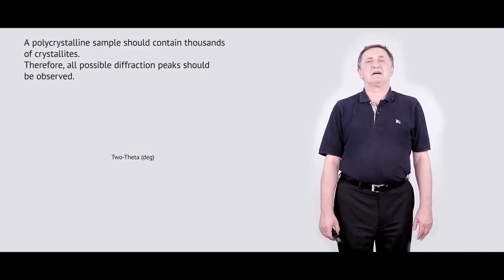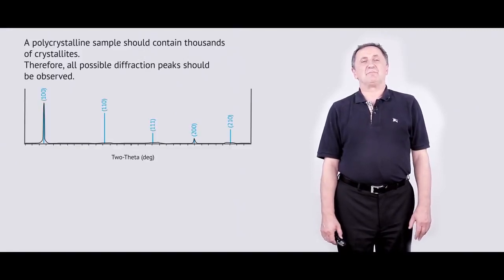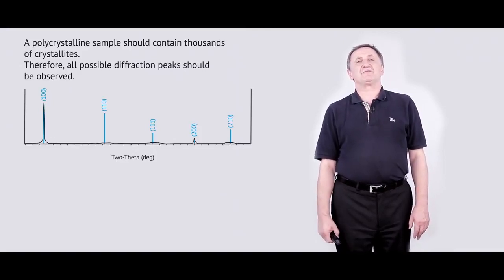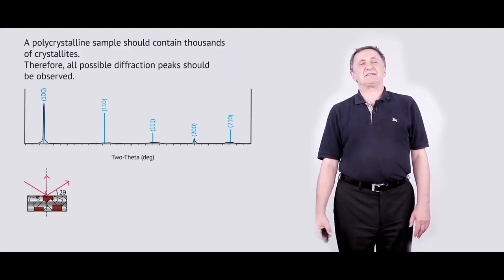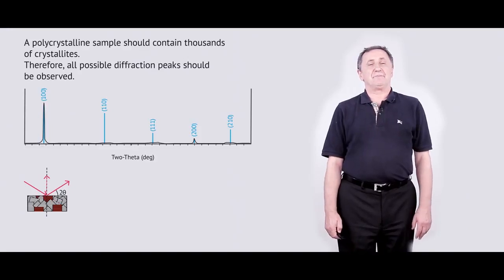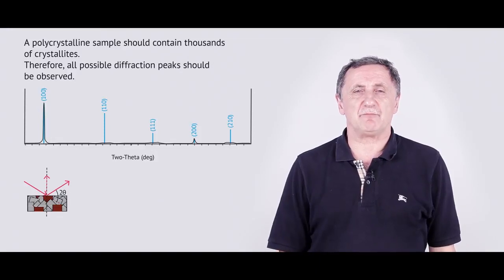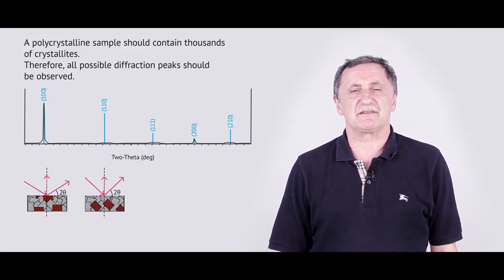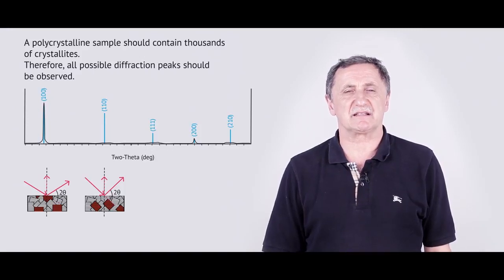On the other hand, 200 is actually double the distance as compared to the 100 peak, and then we will also see a reflection peak from 200 with a diffraction angle about twice as high as for the 100 planes. So typically we have a polycrystalline sample, and in this case the picture is different compared to the single crystal case.